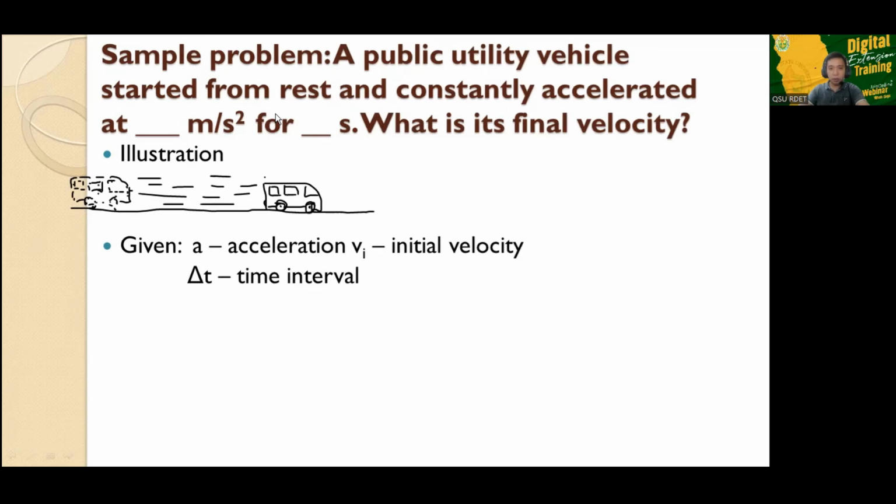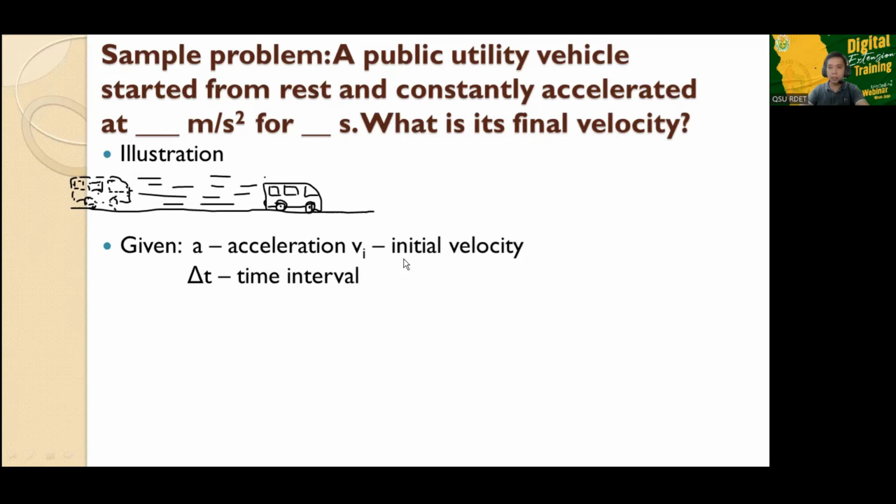Now, started from rest. So take a look at this. It's not stated here that the velocity or the initial velocity is 0, but rather it is presented in another way, like saying it started from rest. Okay, so that's the initial velocity, and blank second, that refers to the time interval.